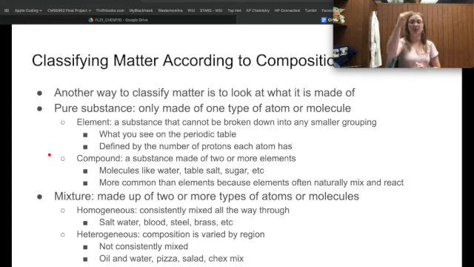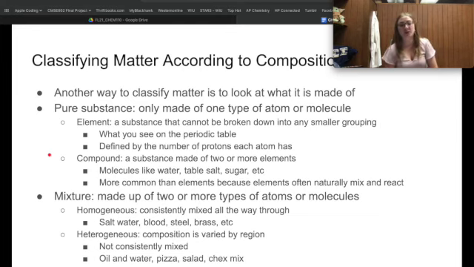We have a pure substance and a mixture as the 2 broadest categories that we can use to classify matter. So a pure substance is made up of only one type of atom or molecule. So a pure substance makes sense: pure substance, only one type of atom or molecule.